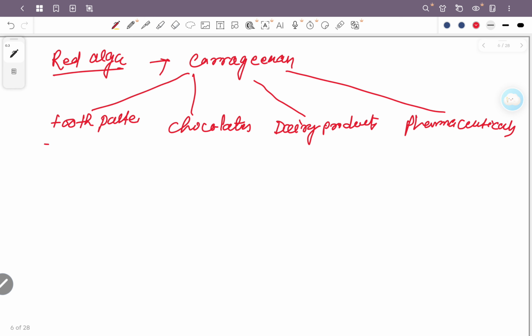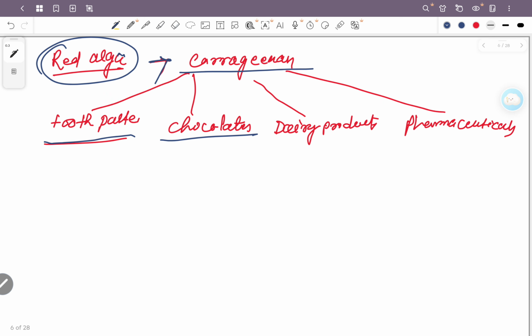So they are useful in these fields. Carrageen is produced by the red algae.